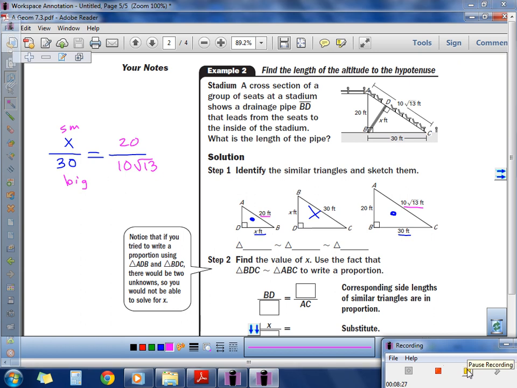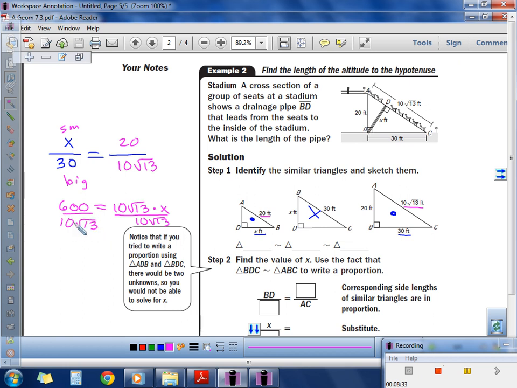When you type this in on the calculator, you should get 30 times 20, and 30 times 20 is 600. On the other cross, you're going to have 10 square root of 13 times X. How do you solve for X? You need to divide by this term right here. Divide by 10 square root of 13 on each side.